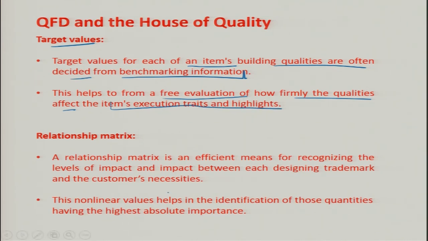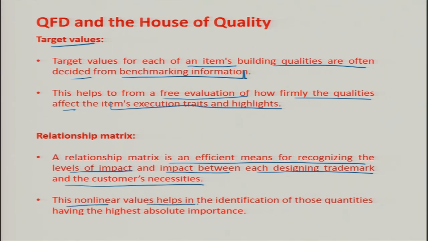Next is the relationship matrix. The relationship matrix is an efficient means of recognizing the level of impact between each engineering characteristic and the customer's requirements. These non-linear values help in identification of those quantities having the highest absolute importance.